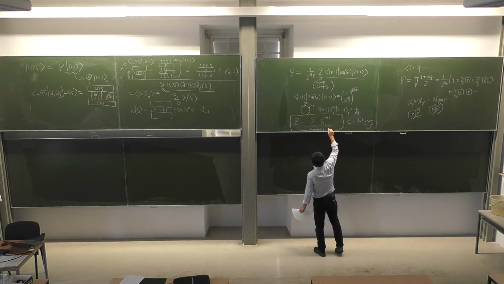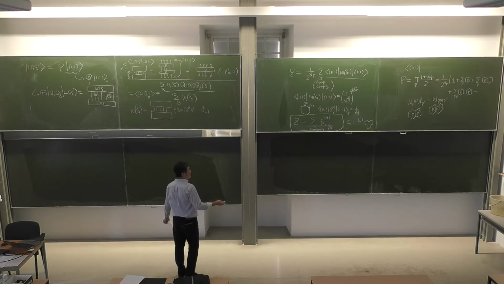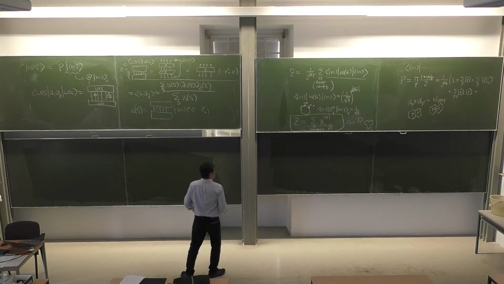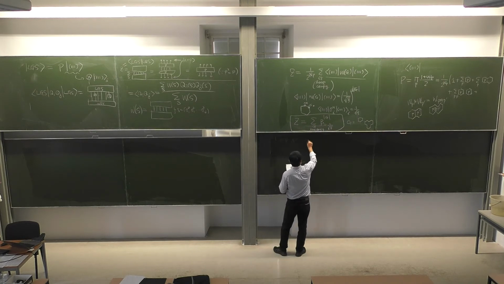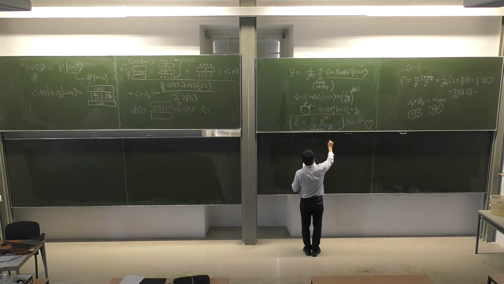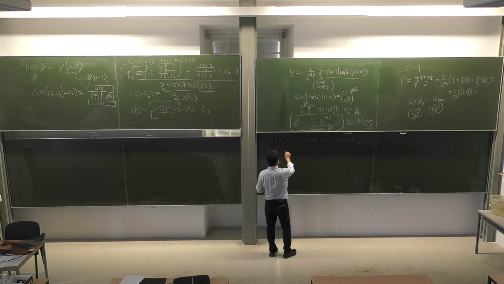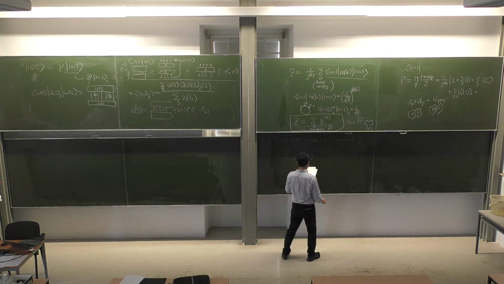In our case, beta is 1 over square root of 3. But for the general loop gas model, it is a variable. So let me explain the general loop gas model. The general loop gas model is defined with two parameters. Maybe I should use beta for consistency.